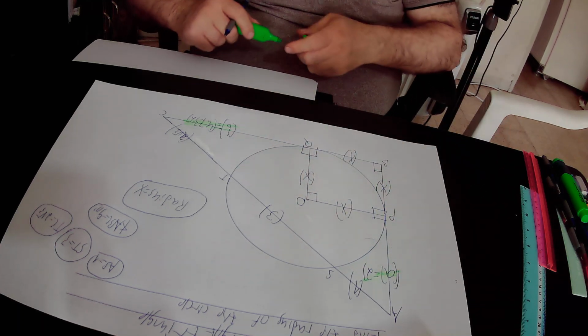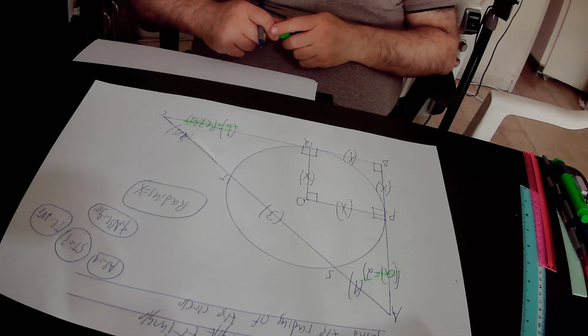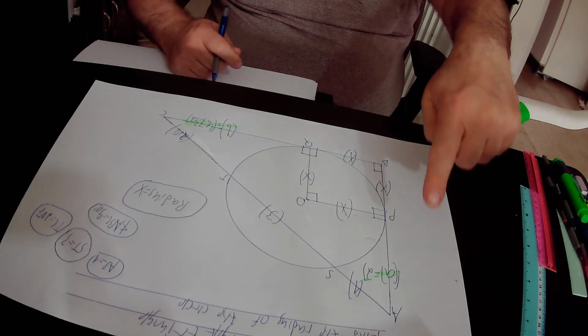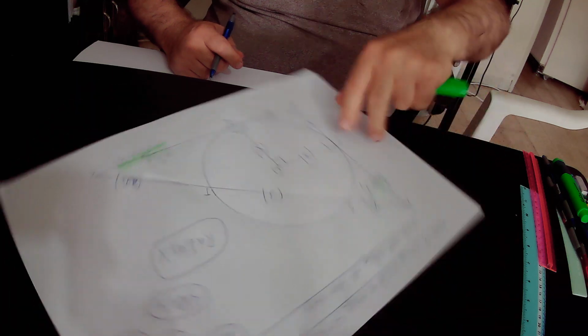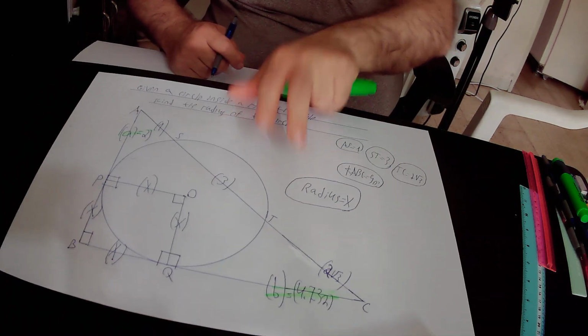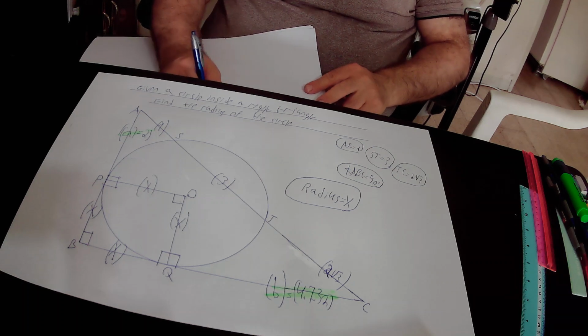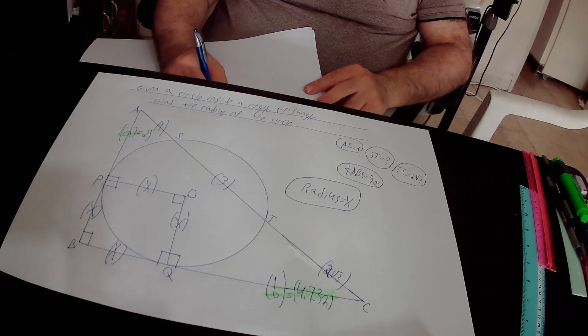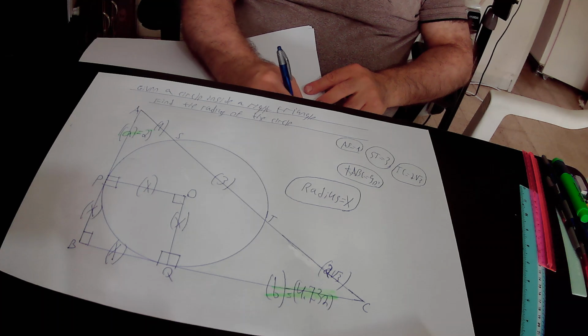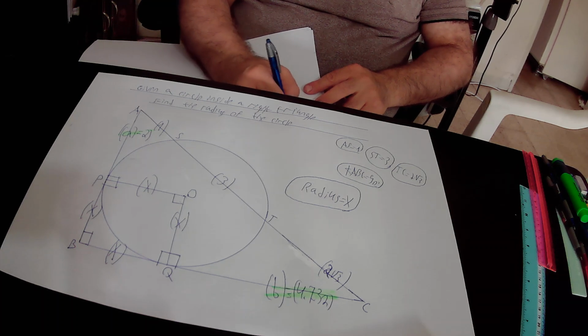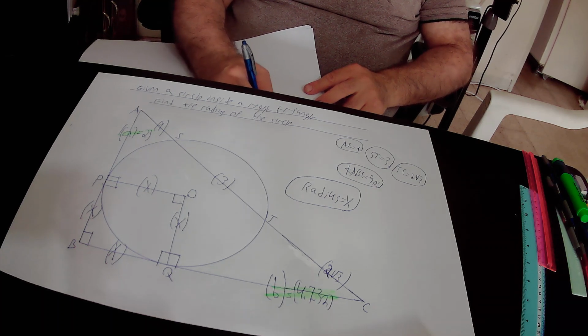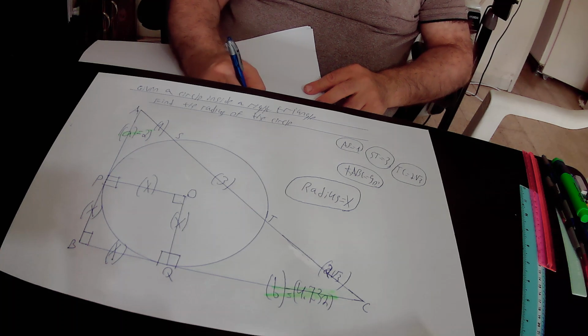So in the next step, we will implement the Pythagoras theorem on this big right triangle, triangle ABC. Here PT is the abbreviation for Pythagoras theorem.